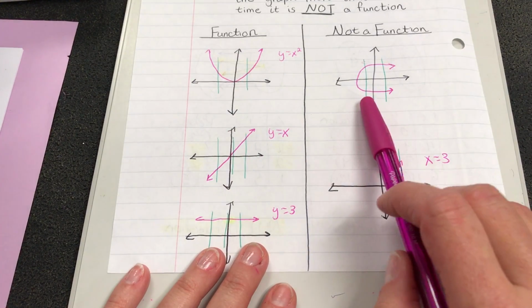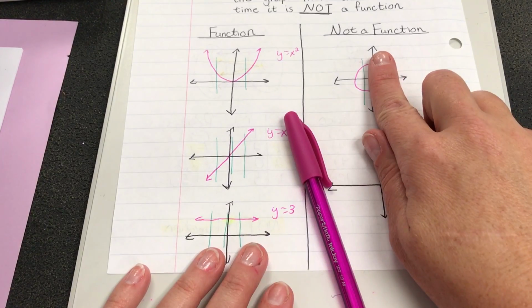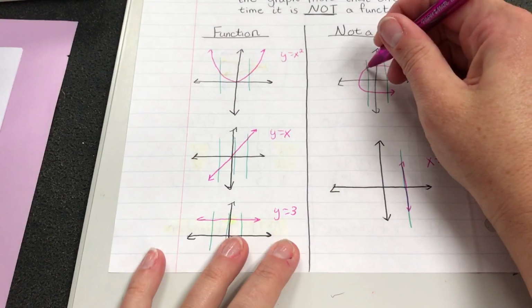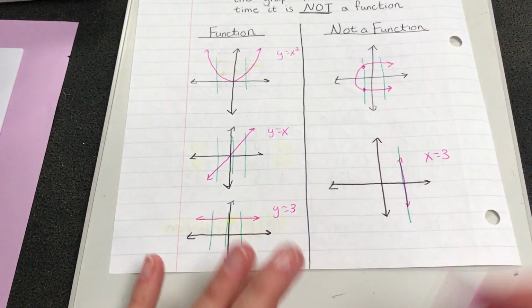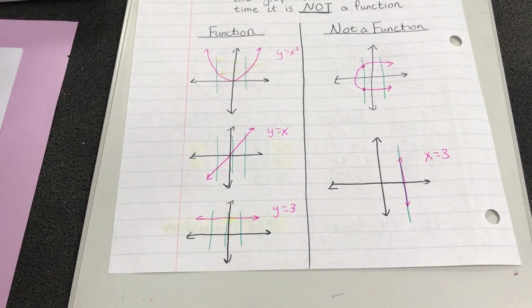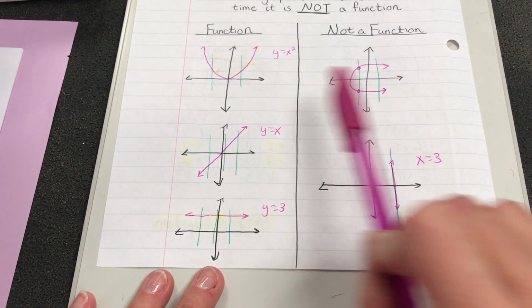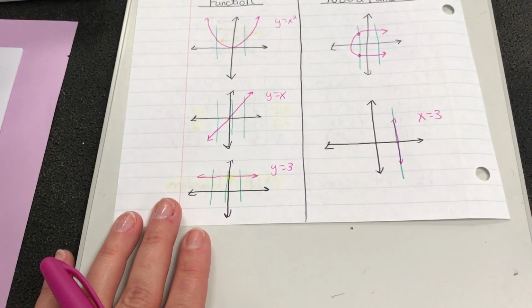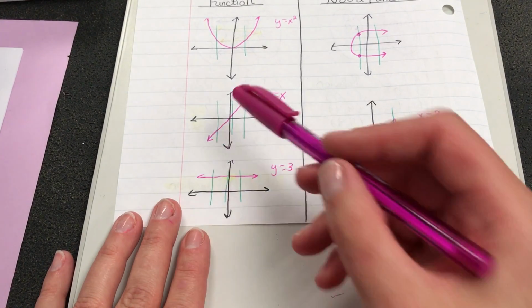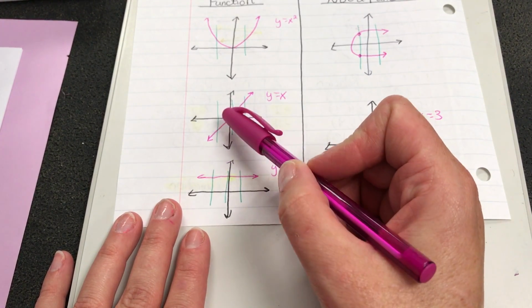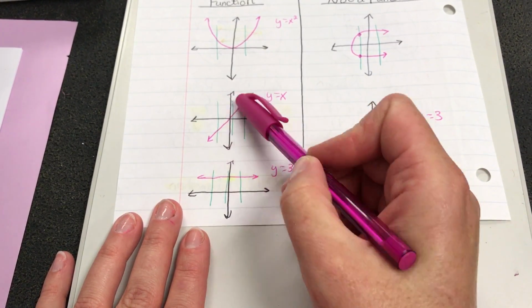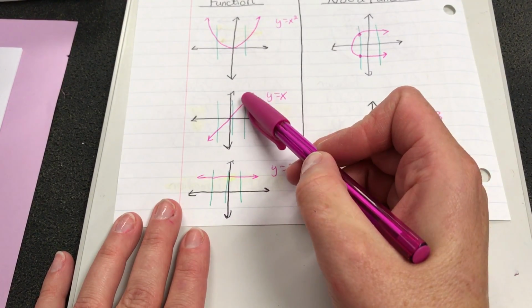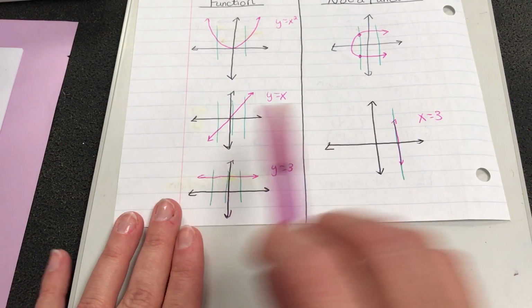All right? But if that graph is drawn this way, and you draw that vertical line right here, it intersects at this point and this point on the vertical line. So that means x repeats. So this is not a function, and this is a function. On this one, a linear function, linear equation, no matter where you draw a vertical line, the vertical line only intersects the graph at one given point.